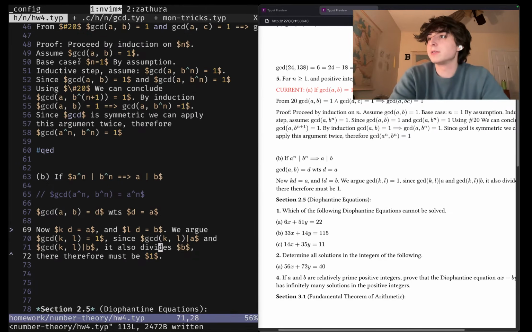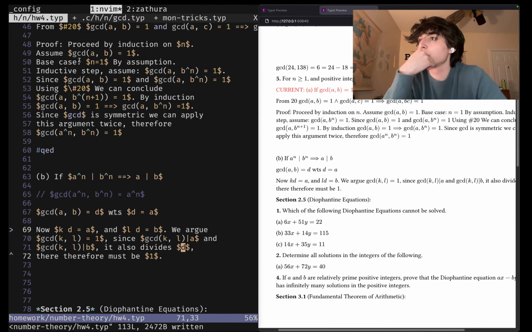Or if you write it like this, the GCD times D divides both A and B, and therefore the GCD times D divides D itself.